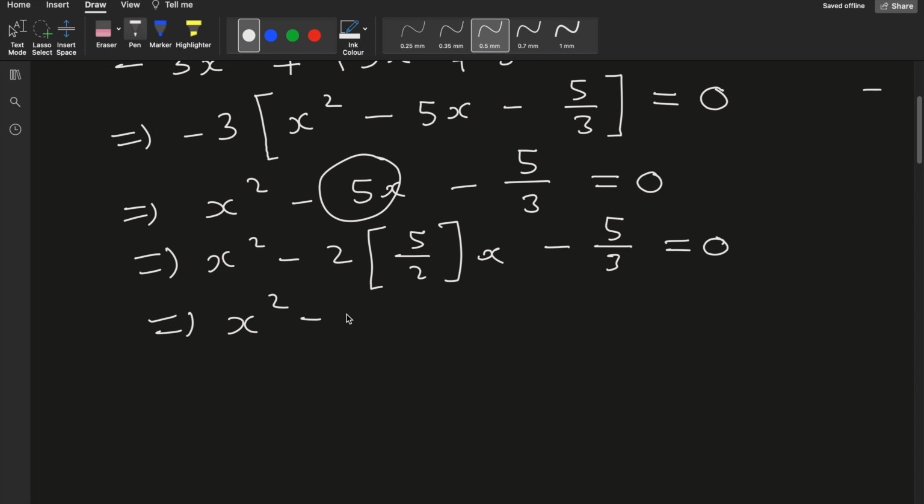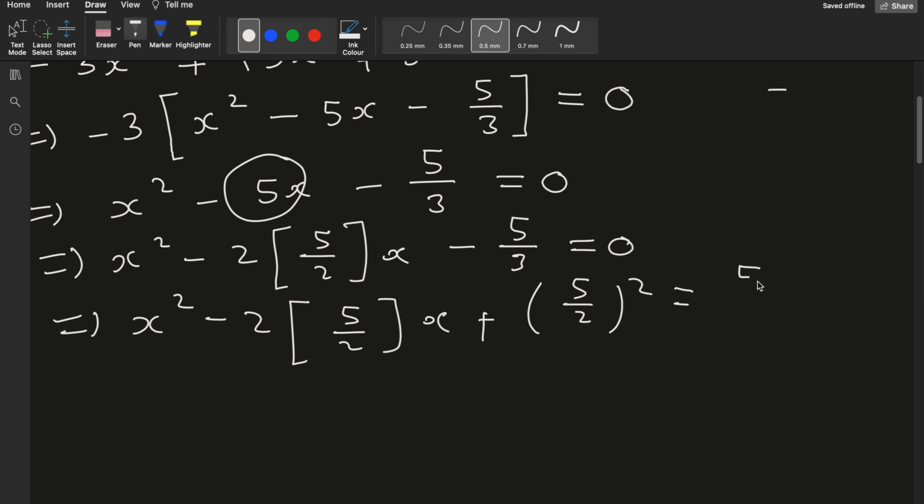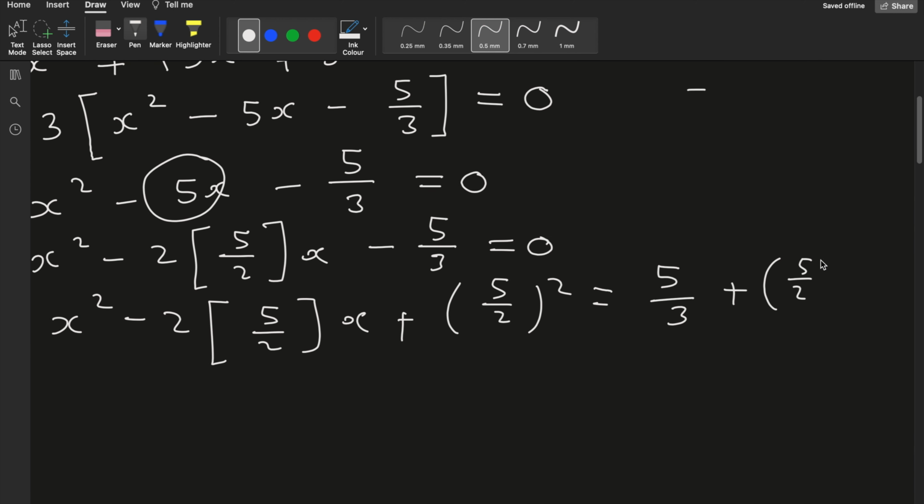Implies x squared minus 2 into 5 divided by 2x plus 5 divided by 2 whole squared. And we'll first transpose this to this side: simply 5 divided by 3 plus 5 divided by 2 whole squared.